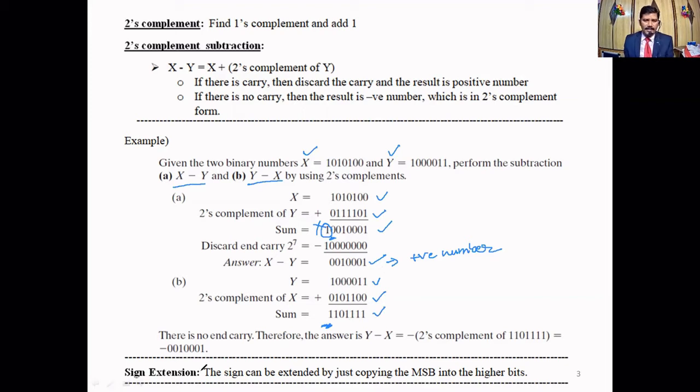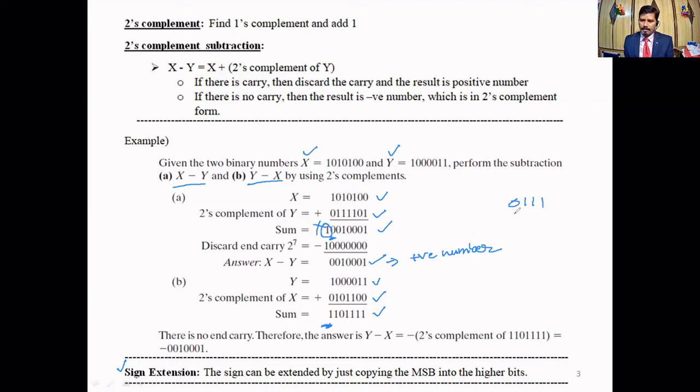Now a point here you need to remember: sometimes the sign can be extended by just copying the MSB into the higher bits. In 2's complement, the sign can be extended by just copying the MSB into the higher bits. Suppose 0111, for example.